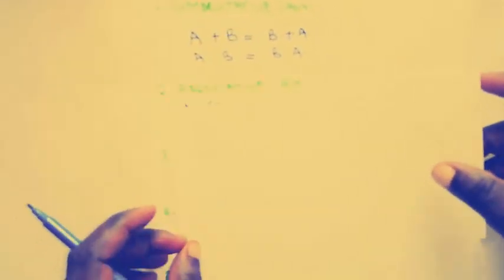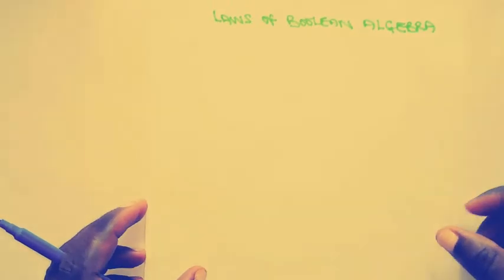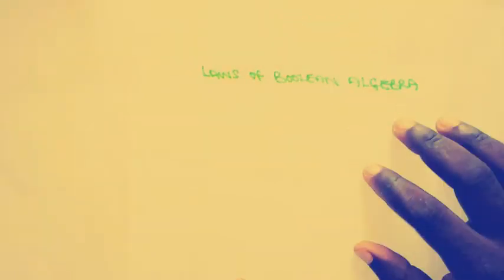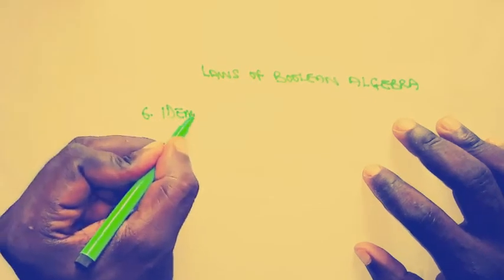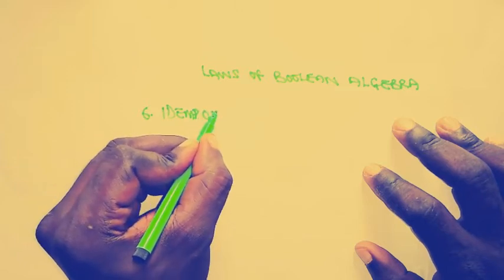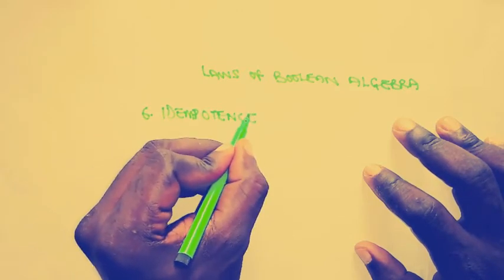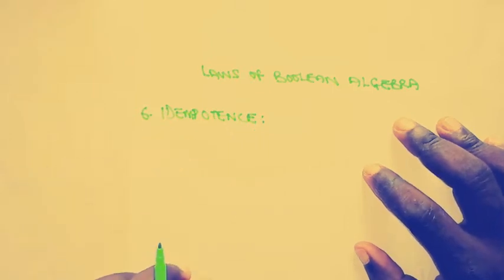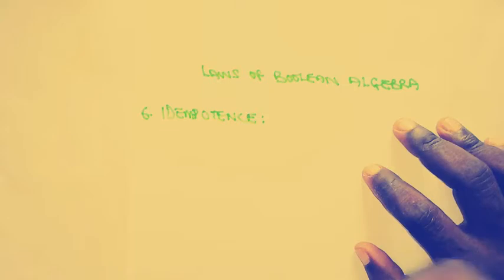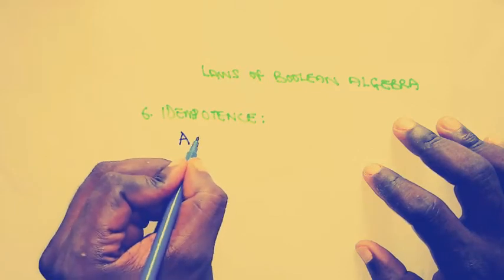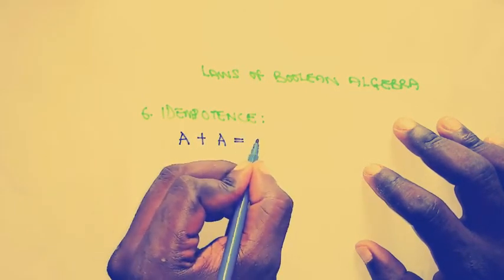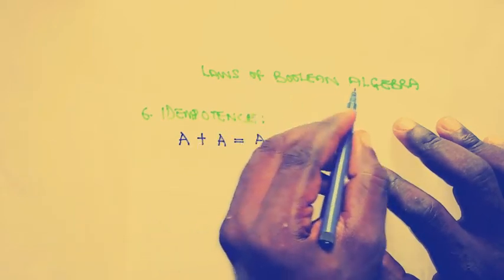Alright, so 6 of such laws more to go. The next law is called the idempotent law, and it simply says, for example, you could have an element A plus A, and it is equal to A. Remember, this is Boolean algebra.